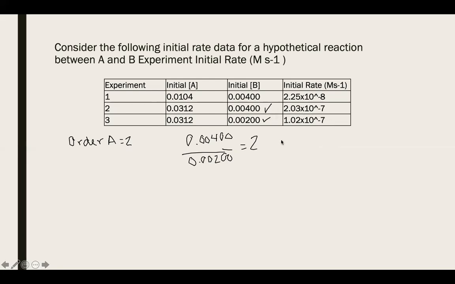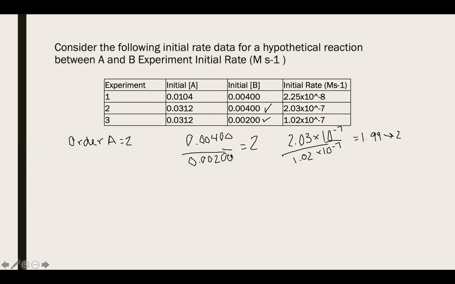So then for this one, we have 2.03 times 10 to the negative 7th divided by 1.02 times 10 to the negative 7th. This one might also have been easy for you to tell that it's going to increase by a factor of 2, but we can do the exact calculation. So it's a 1.99, which with this trial data, you can just equate to 2.